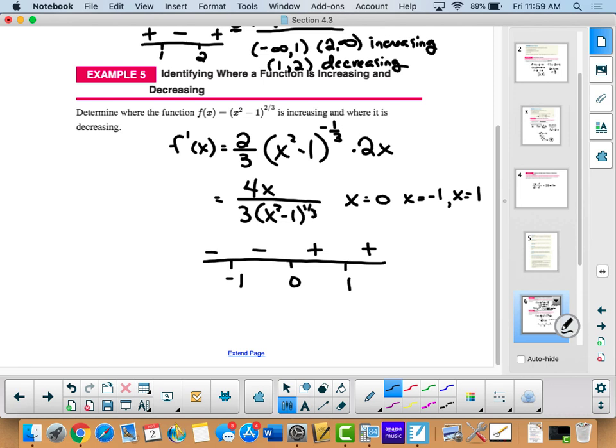So when we write the intervals for this one, we want to be sure that we do not say that the function is increasing or decreasing at any of the critical numbers. So we know that it is increasing between 0 and 1 and 1 to infinity.